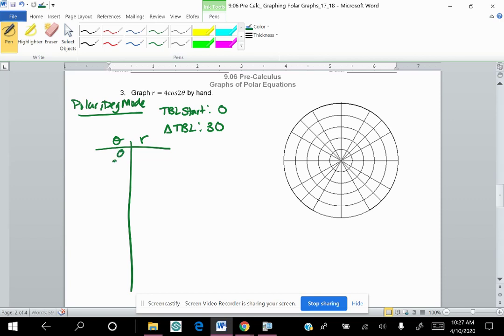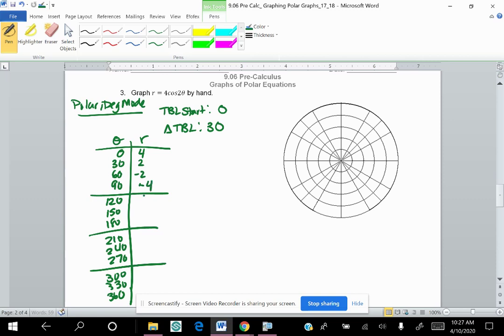Okay, and I'm going to do it here. So 0, 30, 60, 90, 120, 150, 180, 210, 240, 270, and 300, 330, 360. Most of the time, I just spent writing out this long table. So here at 0, we're at 4, 2, -2, -4. And these, again, we are just taking straight from your calculator.